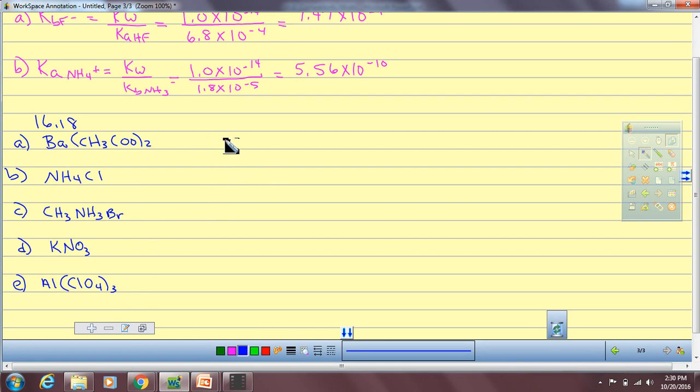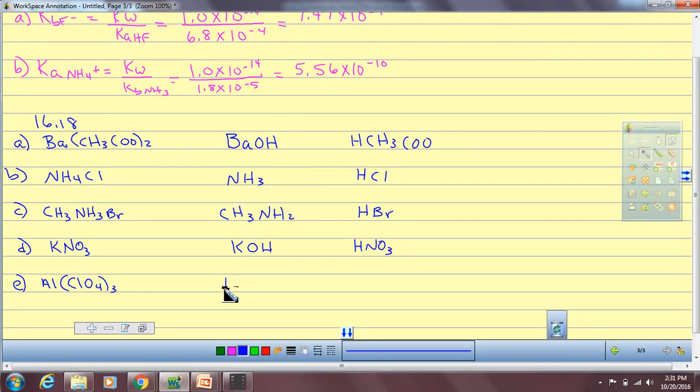We can make conjugates with these, so we would end up with barium hydroxide and acetic acid, ammonia and hydrochloric acid, CH3NH2 and hydrobromic acid, potassium hydroxide and nitric acid, and aluminum hydroxide and HClO4.